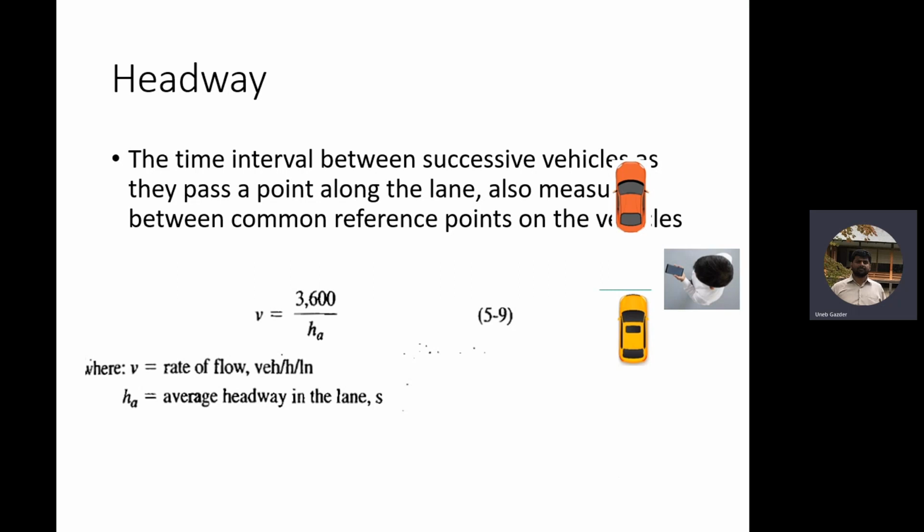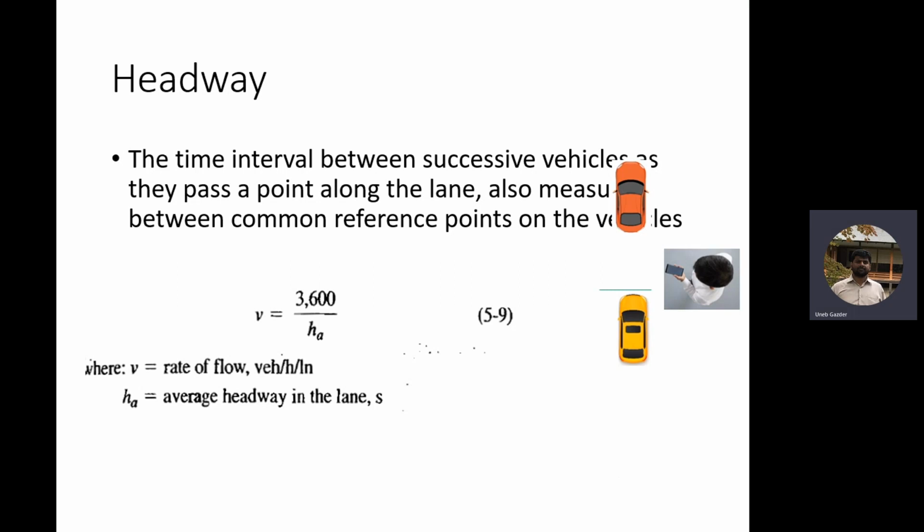Now, headway will be in, what are the units of headway? Seconds, right? Okay. And again, between each pair of vehicles, you will have different number of seconds. So these are two cars, and two others will come, and two others will keep on coming. Each time you will get a new value. Then you can take an average of all the values. For example, this value is, let's say, 4 seconds.